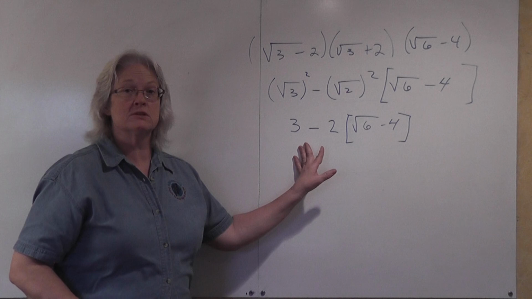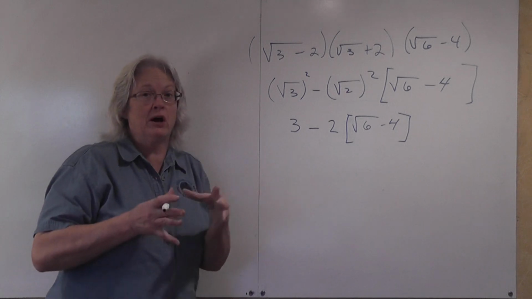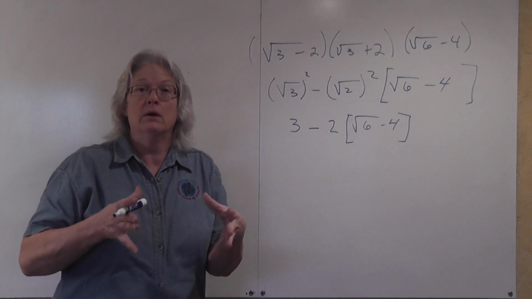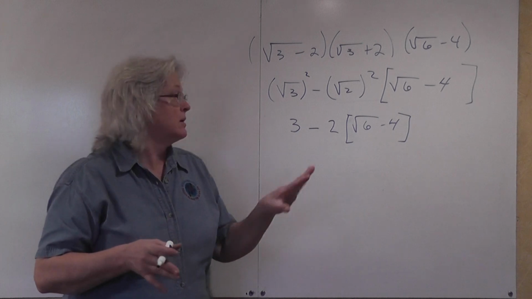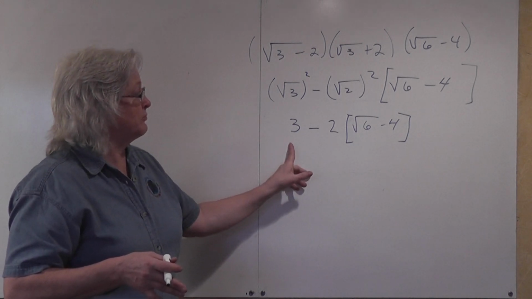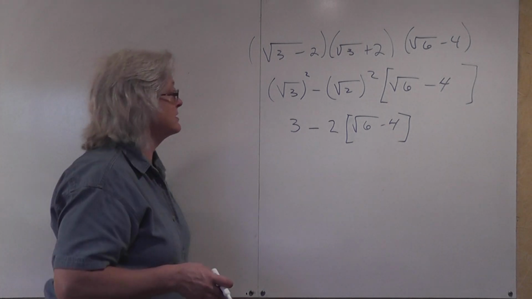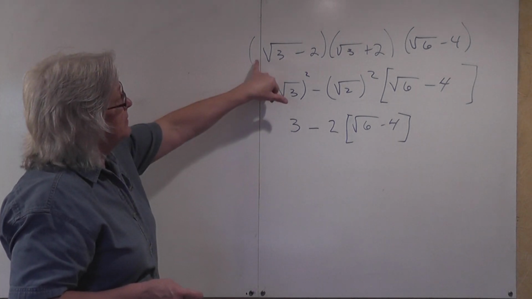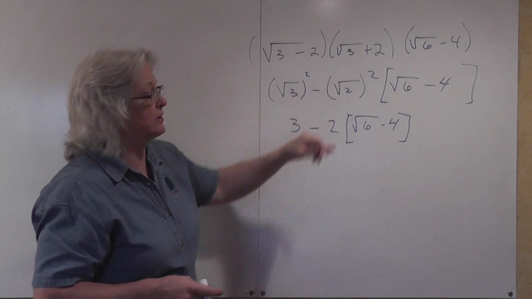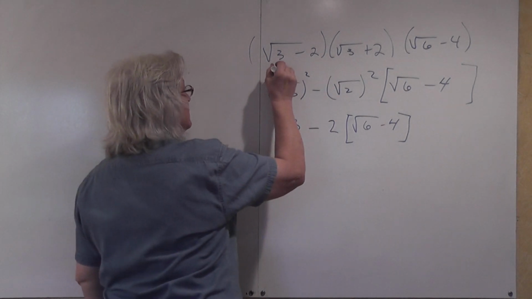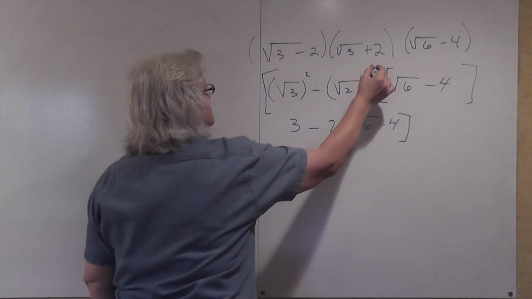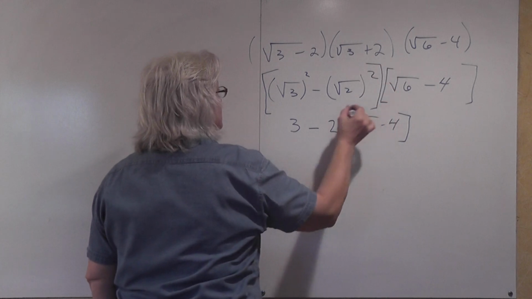See the difference? This is what I was verifying. Remember how I talk about grouping is so important? Look at the difference. This would be 3 minus 2 times the quantity, square root of 6 minus 4. But I'm taking this product first, so I have to complete this multiplication.